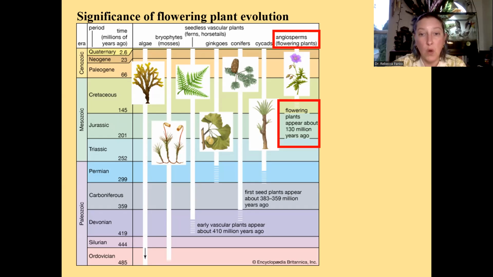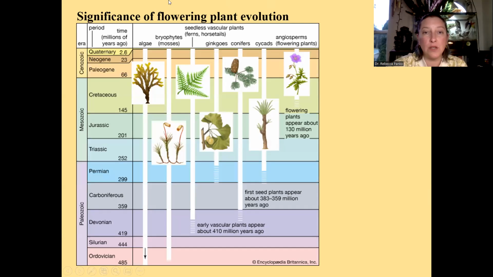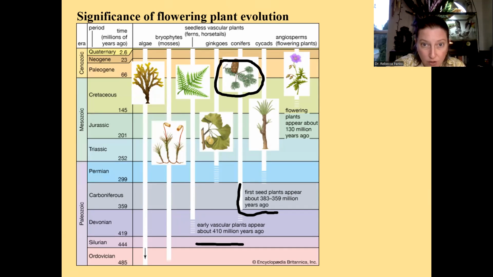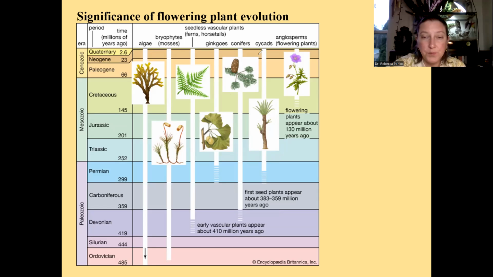Remember we talked about this, I think when we first started talking about the ovule, right? Here you have the early vascular plants appearing around 410 million years ago, right? Then you start to see the first seed plants occur. First seed plants meaning things like conifers, things like ginkgo, things like cycads, right?